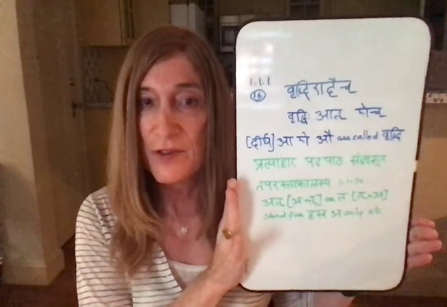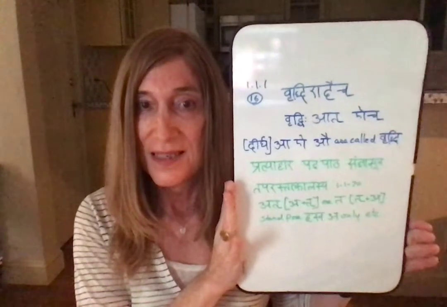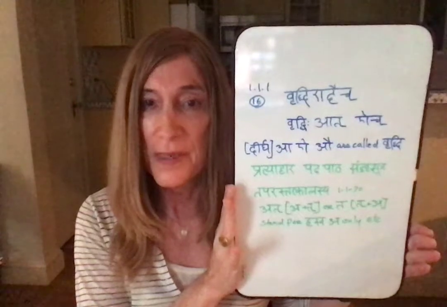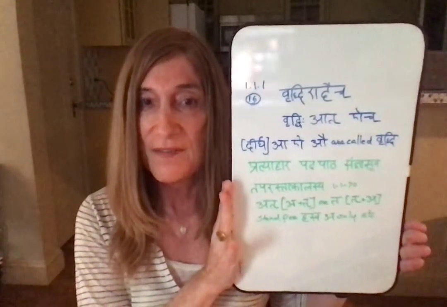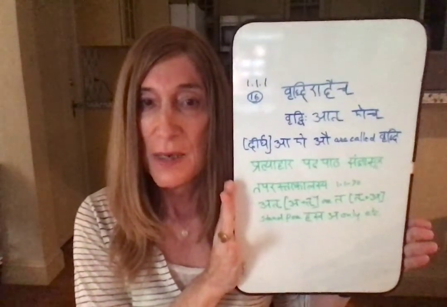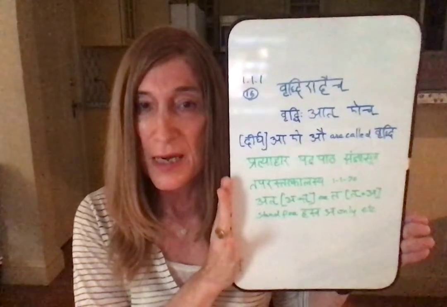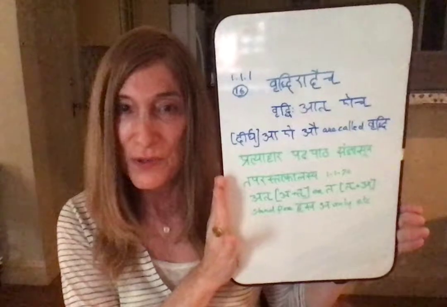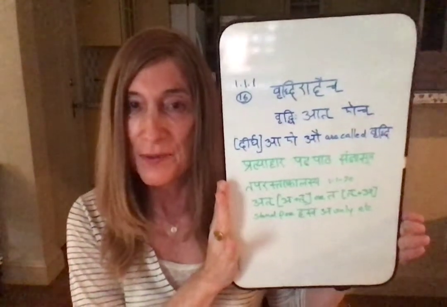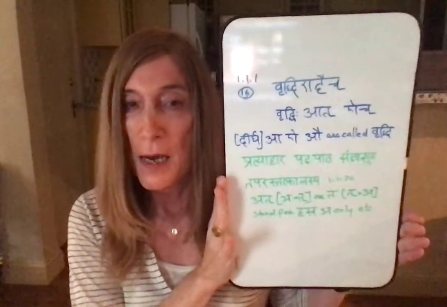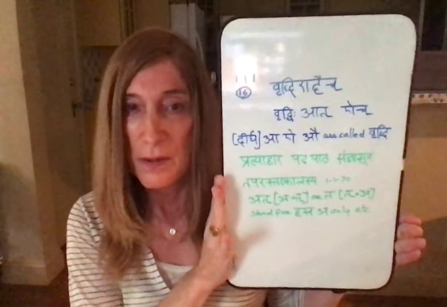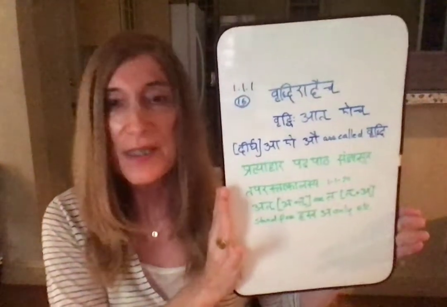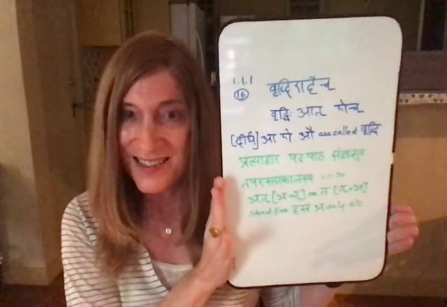So we have vriddhi, at, which is dirgha a followed by t. Dirgha a followed by t. Now, below in green, which I'm using to separate out technical terms, there's a sutra that I'm mentioning just to have it in your ear, Tatparakalasya.